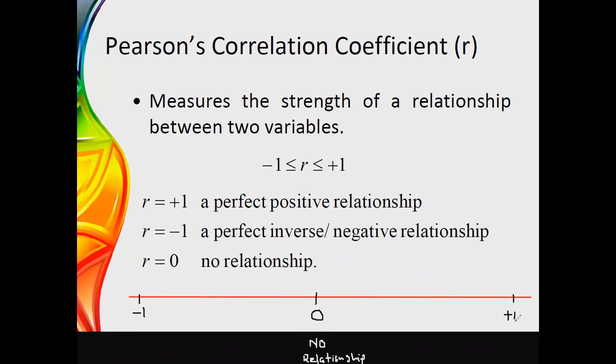But if it is +1, we have identified that it is a perfect positive. If it is -1, again it is perfect, but it is negative. Here, 1 stands for perfect and the sign is for negative.